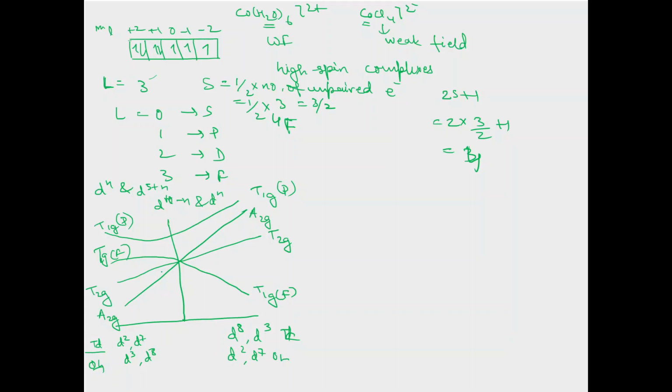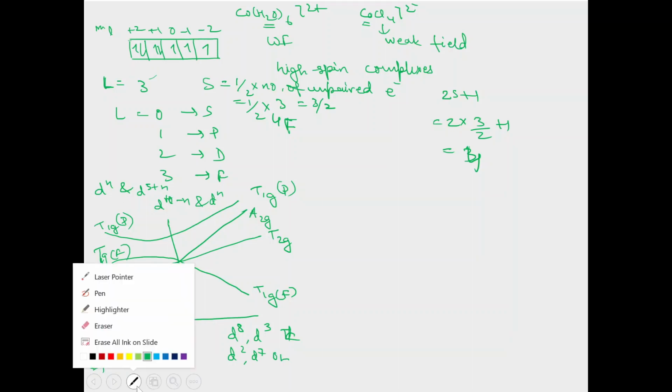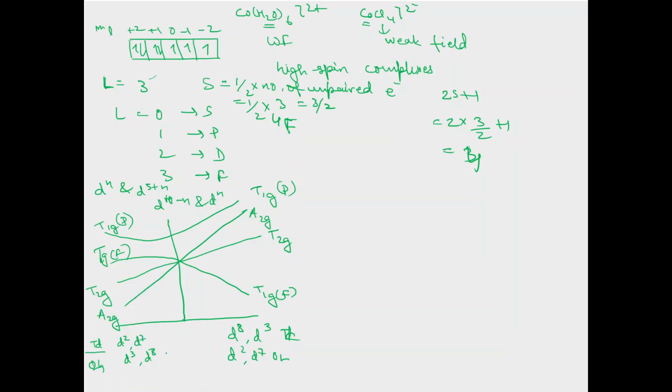Okay, so by these transitions I am trying to say that the transitions will be from A2g to T2g, A2g to T1g F, and A2g to T1g P. These will be the spin allowed transitions for the d2 d7 tetrahedral system and d3 d8 octahedral system.